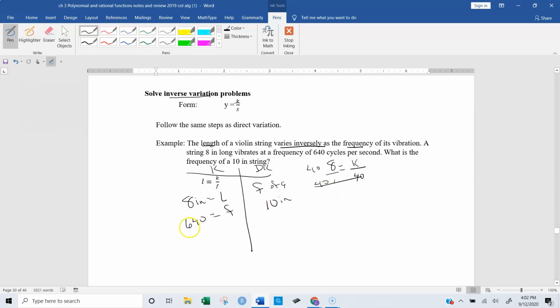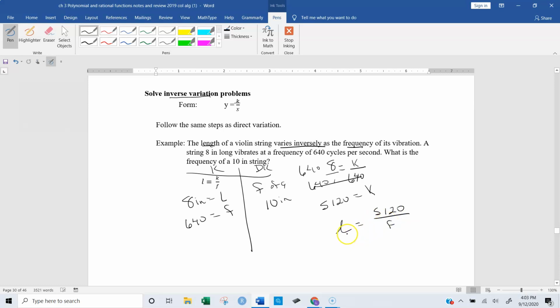Sorry, I read that wrong. 640. Let's change this. 640. I hope you caught that, even though I did it wrong. So we get 5,120 is your constant of variation. So that means length is equal to 5,120 divided by the frequency.